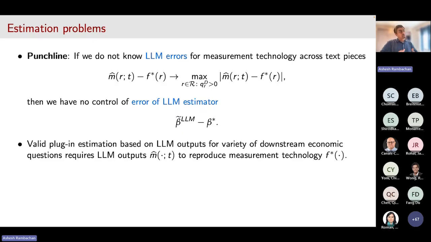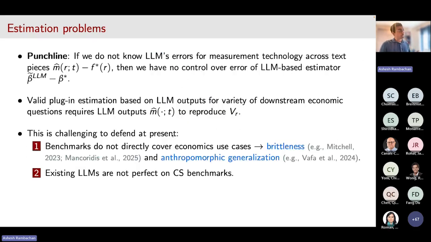So one thing you could hope to argue is, well, maybe large language models are exactly as good as ground truth. But hopefully in the first 30 minutes of the talk, I argued to you that that's actually a very challenging thing to defend at present. It's certainly not something that I would know how to defend in the context of a seminar.